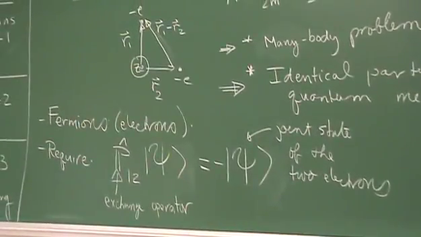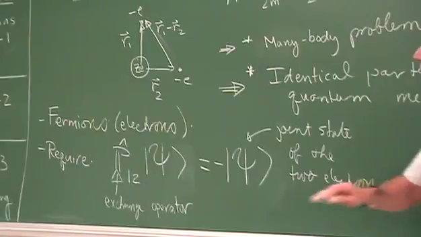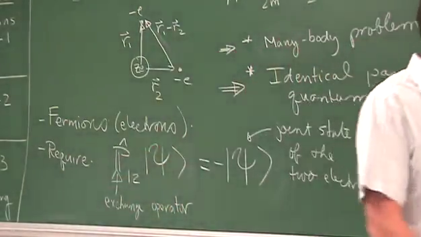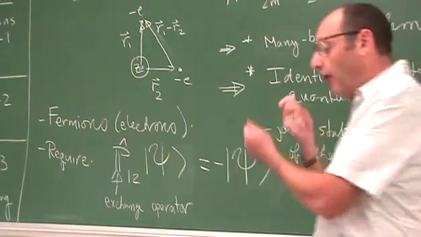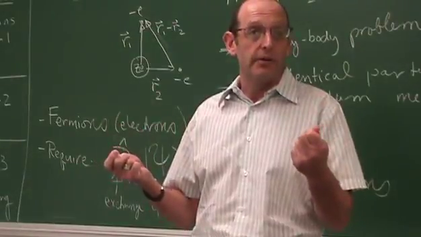Now, what is the exchange operator? Of course, what we mean when we say we apply some exchange of the two particles, what we mean is we exchange all the labels associated with those two particles.